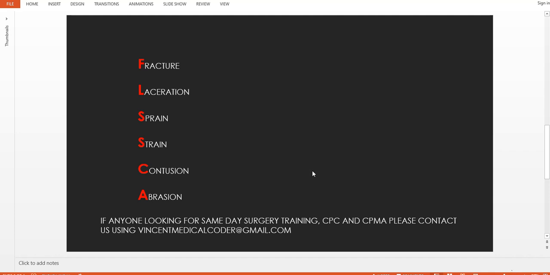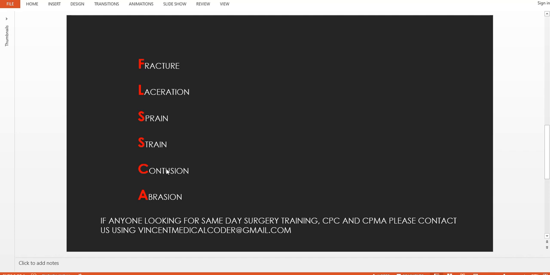In this way, whenever we code multiple injuries at the same location, we need to follow the FLSSCA concept and code based on your report. For example, if the patient has laceration and sprain, you code laceration, because laceration is more complex than sprain. If the patient has strain and sprain, you code sprain, as sprain is more severe than strain.